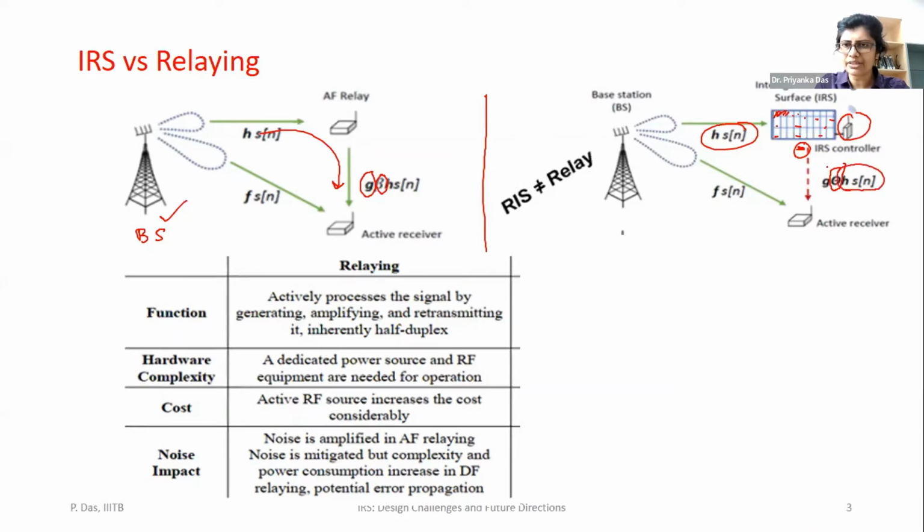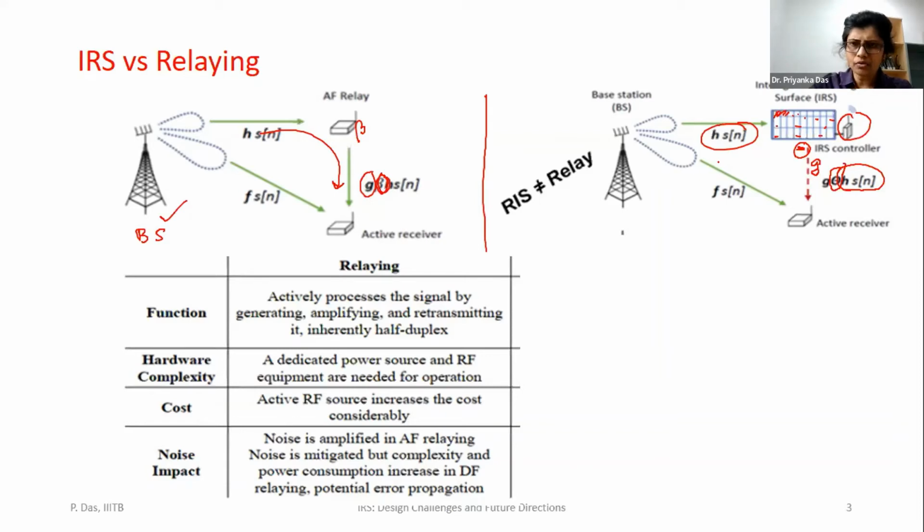You pre-multiply with the theta matrix, and then there is a channel G from the IRS to the receiver. As before, you see G theta HSn. Do not confuse what is beta and what is theta. Beta is the amplification factor, and theta is all the reflecting coefficients put together to form the theta matrix. When we go step by step into the system model and the equations, it will be much clearer what the job of theta is here.